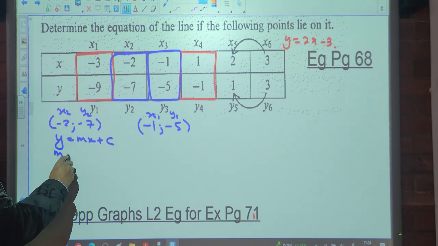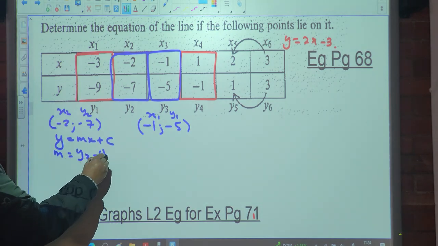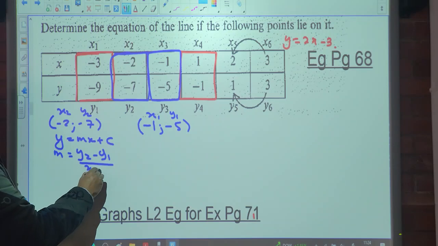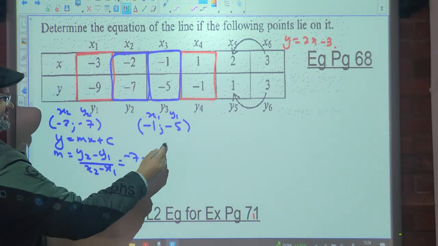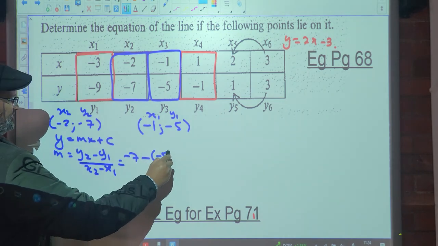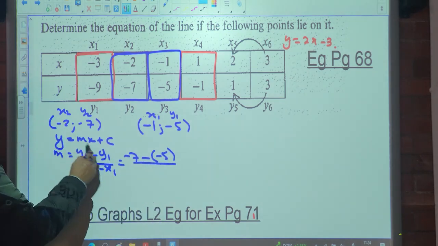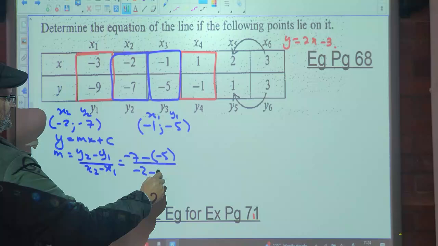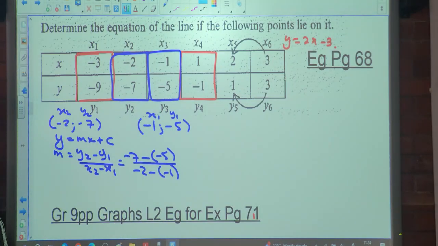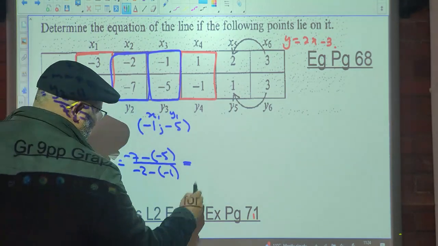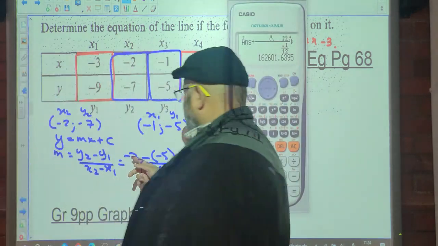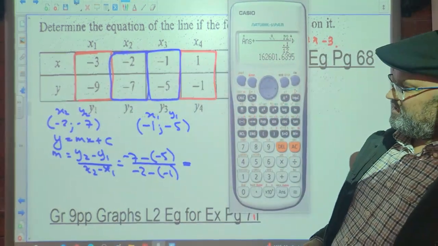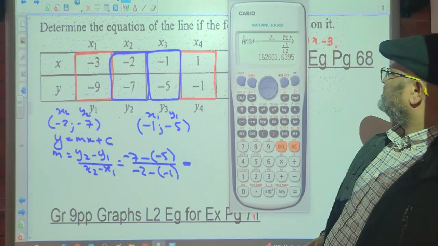How do you calculate m? y2 minus y1 over x2 minus x1. So it's going to be negative 7 minus negative 5 over negative 2 minus negative 1. So you can put this in the calculator, or you could have said negative 2 over negative 1, which is going to give you 2.